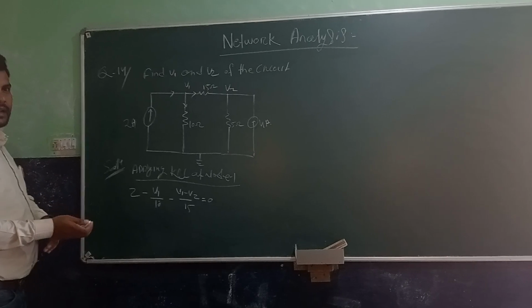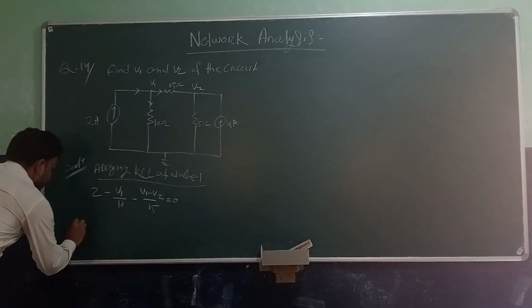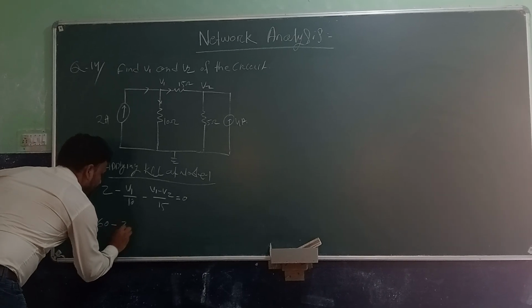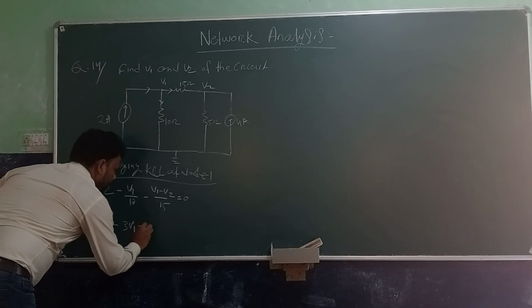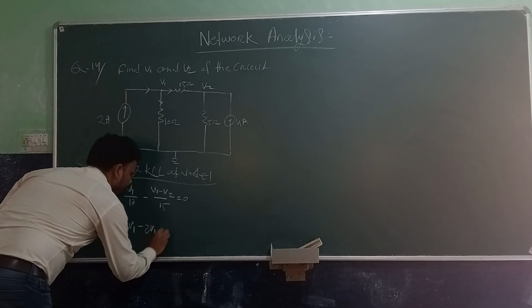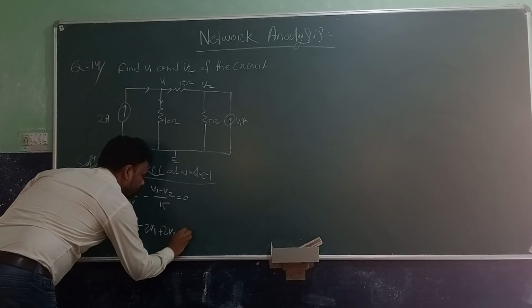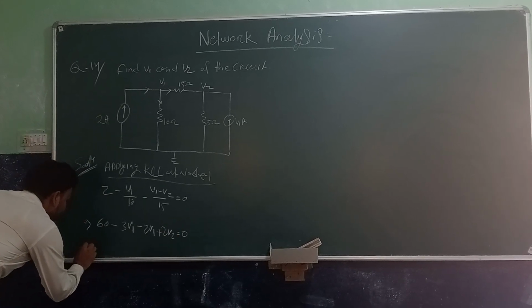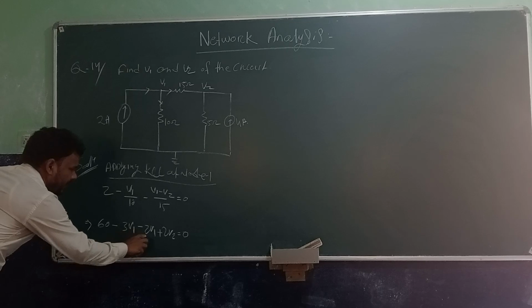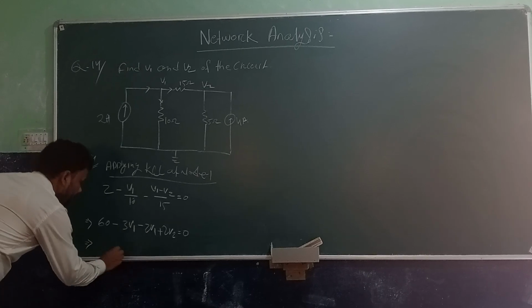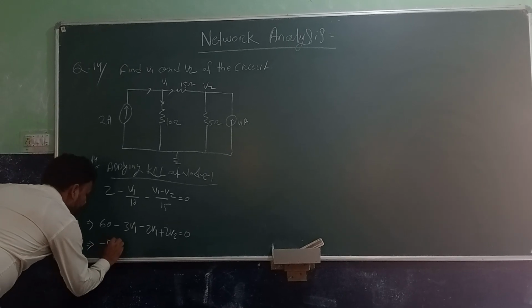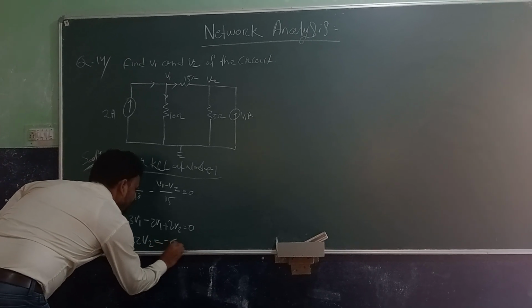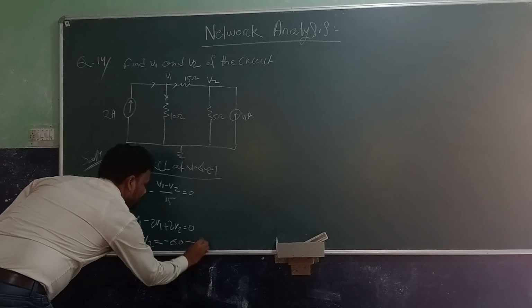Taking 30 LCM, this is 60 minus 3 V1 minus 2 V1 plus 2 V2 equals to 0. This can again I write: minus 5 V1 plus 2 V2 equals to minus 60. This is equation 1.